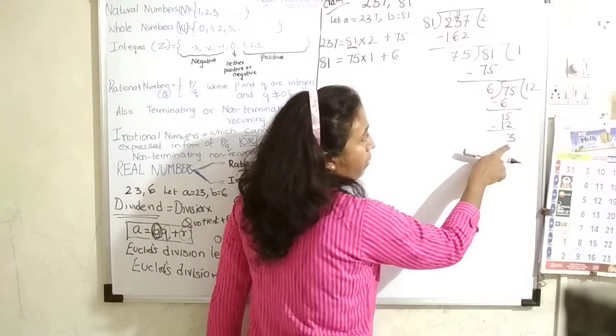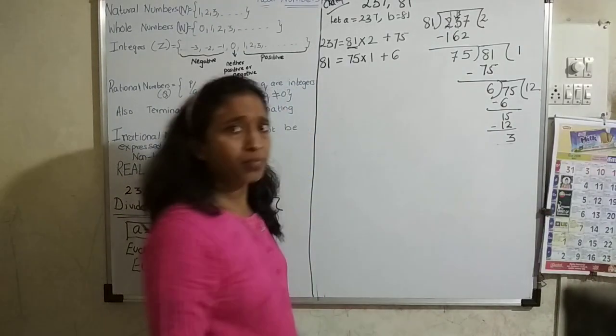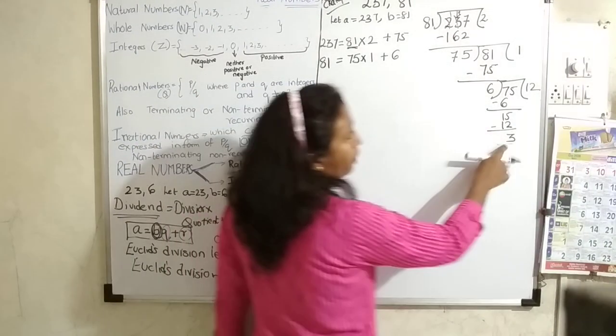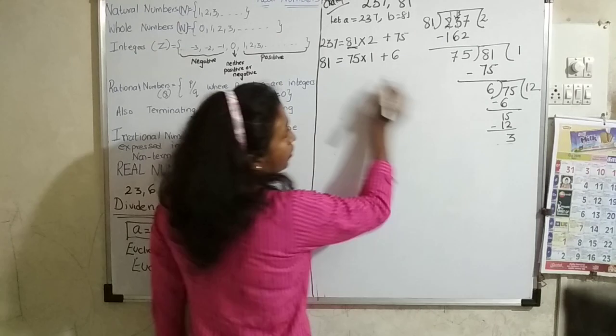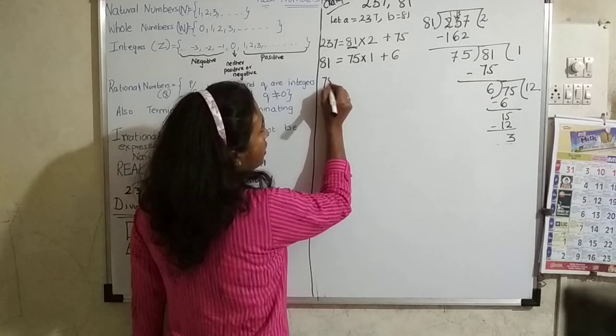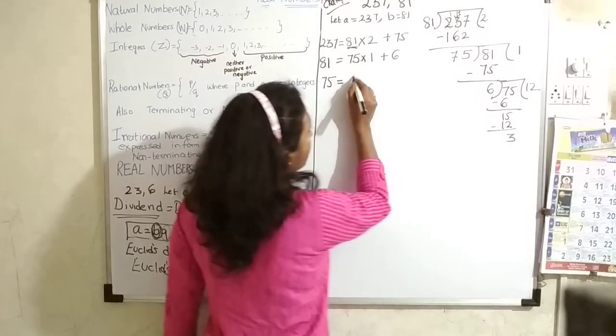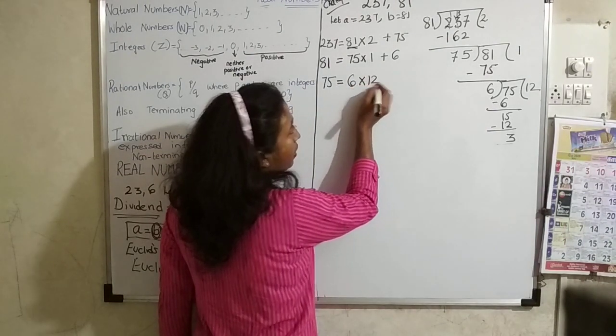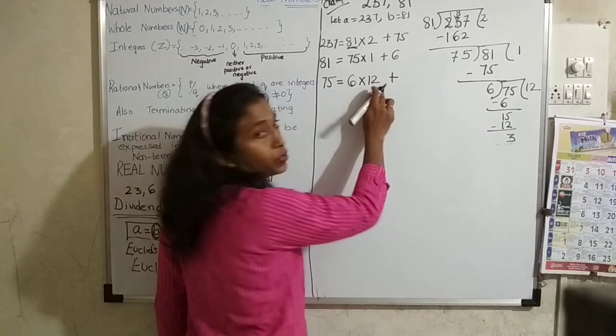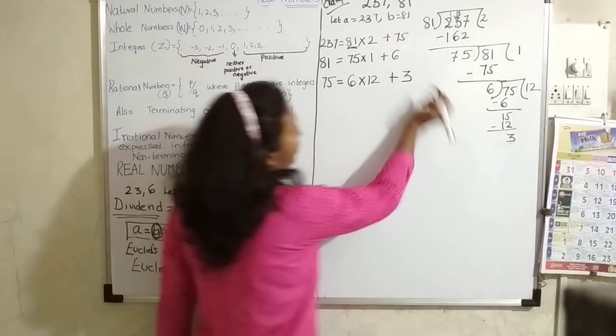So here the remainder is less than the divisor, correct? Now again we have to continue this step. So again I will write in the form of this lemma that 75 equals 6 into 12 plus 3; 6 into 12 is 72, plus 3 is 75.